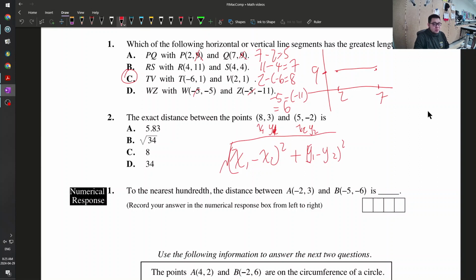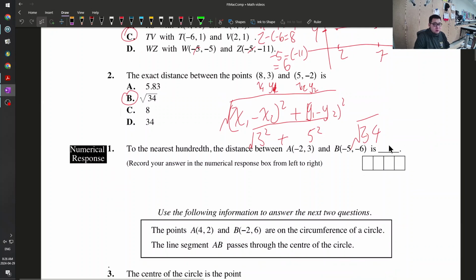So x1 minus x2 is 3, squared. y1 minus y2, 3 minus negative 2 is 5, squared. So 3 squared plus 5 squared, that is 9 plus 25, so the square root of 34 is B.